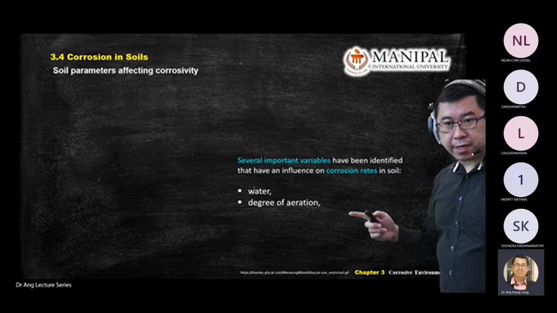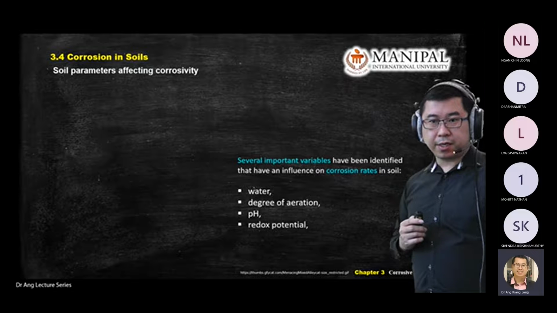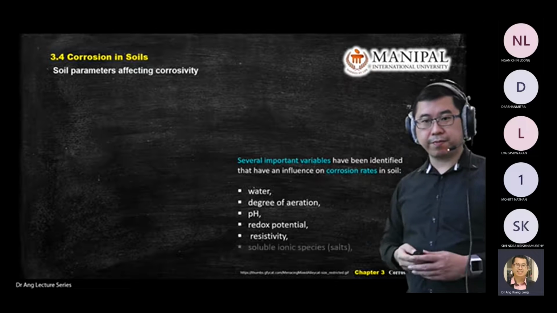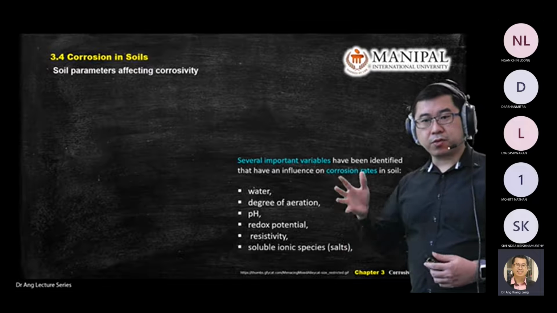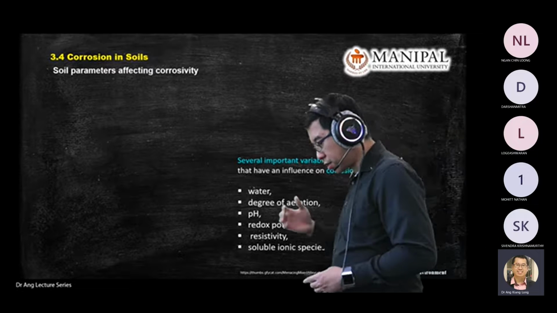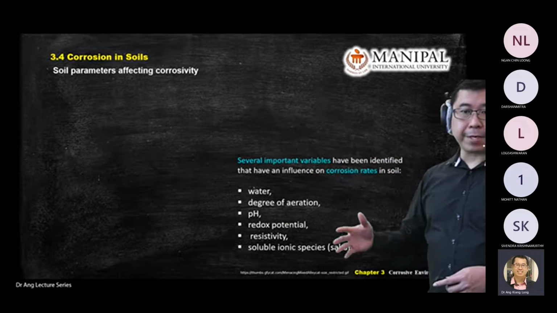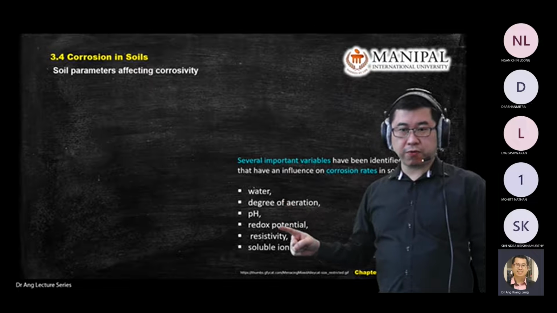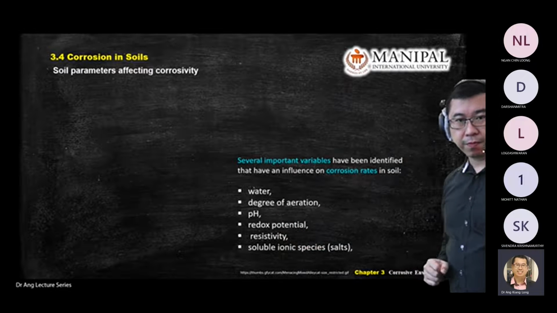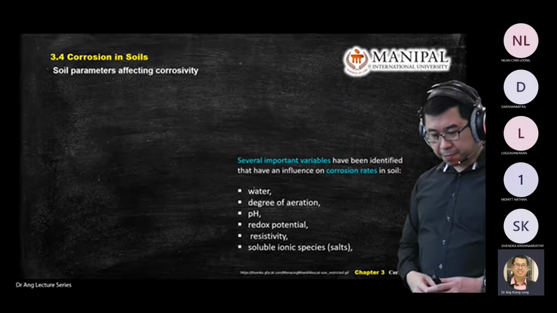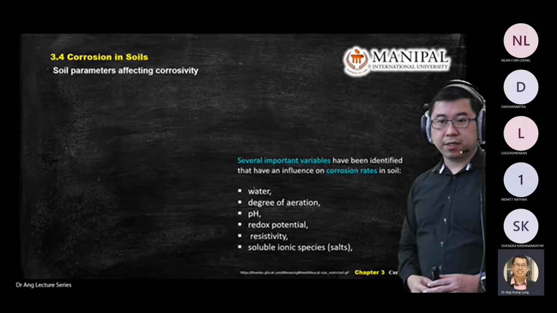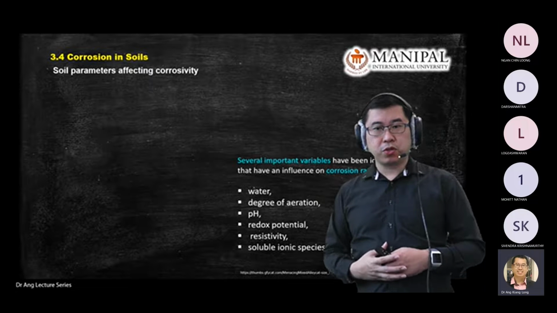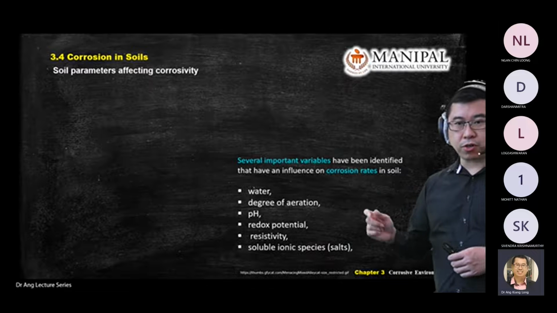There are some important variables that influence the corrosion rates in soil. This is also one of the areas we like to ask in the final exam. So 1, 2, 3, 4, 5, 6: there are 6 criteria or parameters you use to explain corrosion rates in soil.